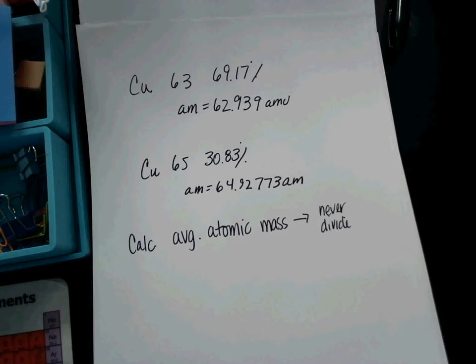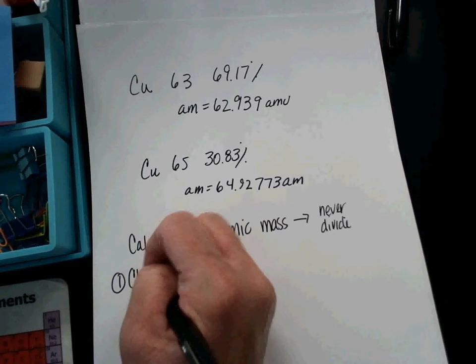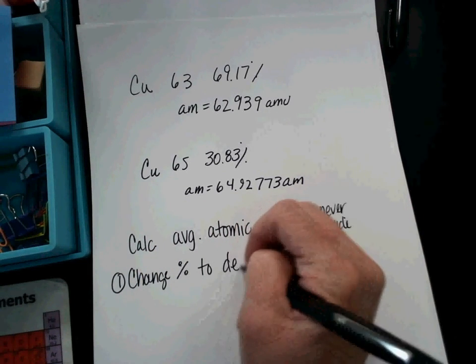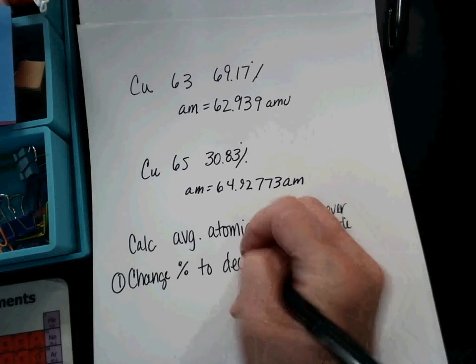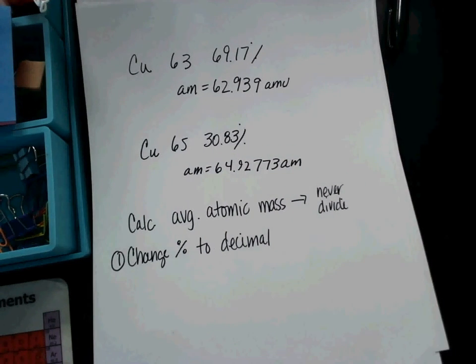It evens out how much of this compared to how much of this, because it's not an even amount. So when I want to solve one of these, the first thing I do is change the percent to a decimal, which is the same as dividing through by what?